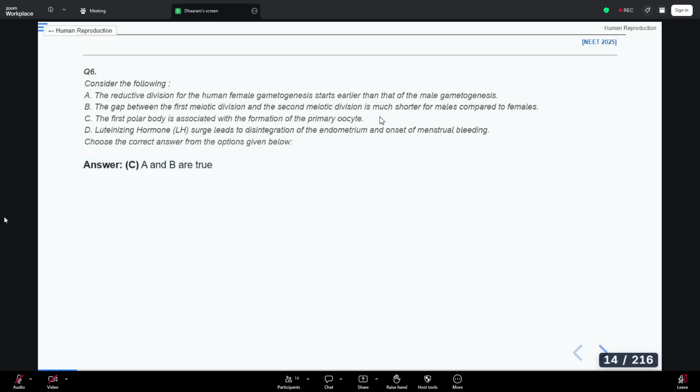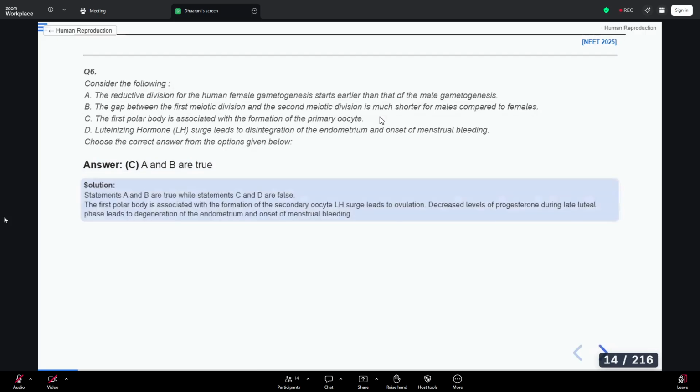So it is option C. Whatever explanation was given by Saksham is good, that is correct. So option C, it is statements A and B. The first polar body is associated with the formation of the secondary oocyte, and the LH surge leads to ovulation.